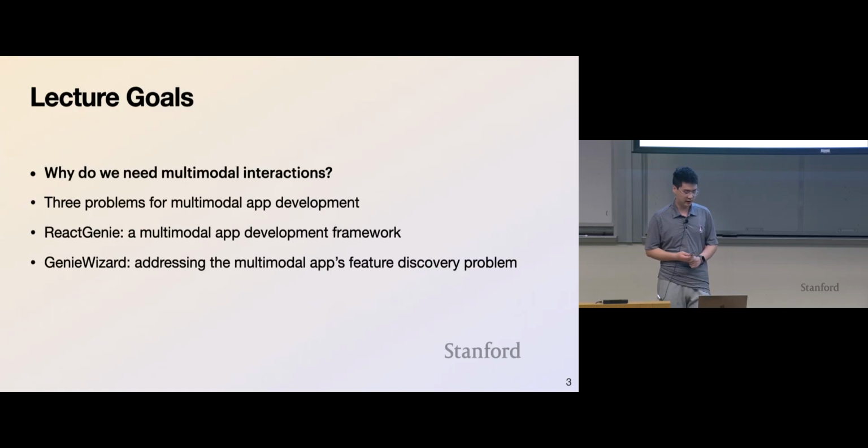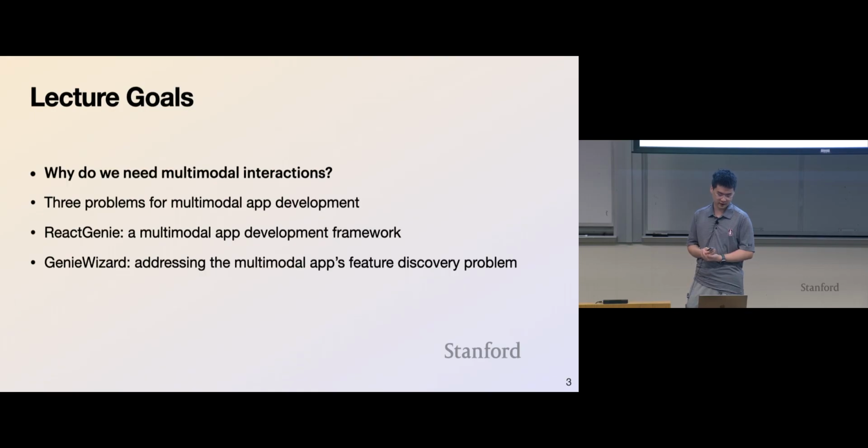So in this lecture, I want to talk about a few things: why do we need multimodal interactions? What are multimodal interactions? What are the major problems, like why are you not seeing multimodal interactions on your phone right now? And I will talk about two of my works, whose systems and details will be very relevant to you when you're building virtual assistants.